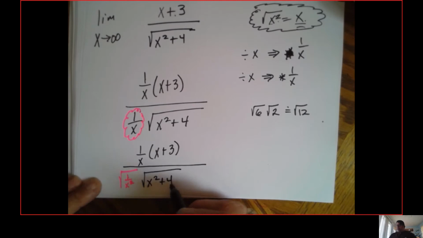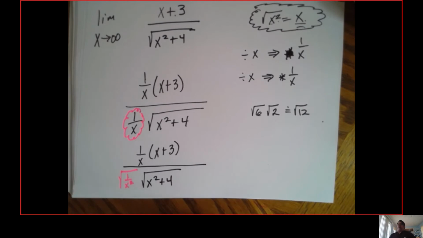A lot of people say, well, can you do that? Well, you tell me, what's the square root of 1 over x squared? 1 over x. Well, that's what I'm doing. I'm multiplying by 1 over x on top and 1 over x on the bottom. This just looks different.